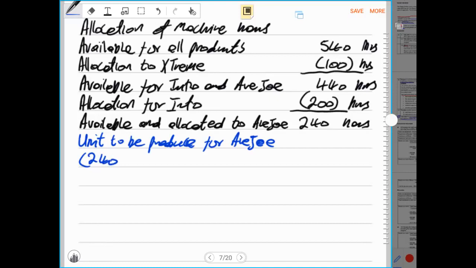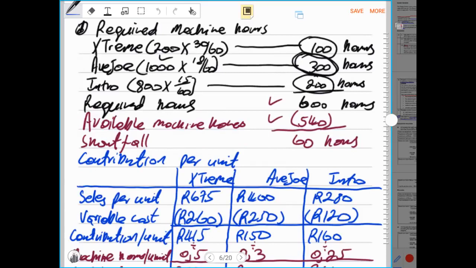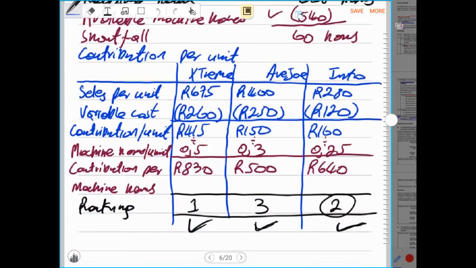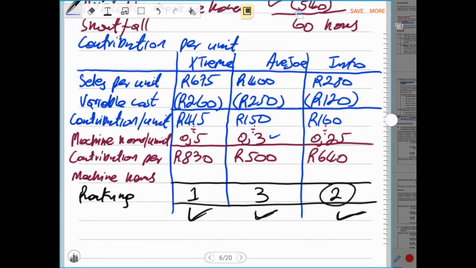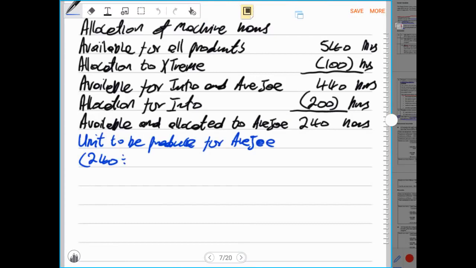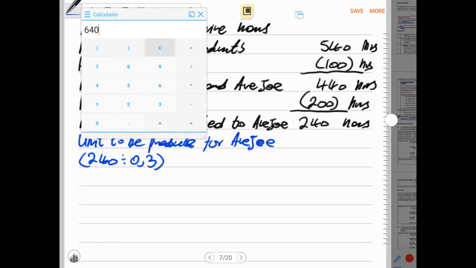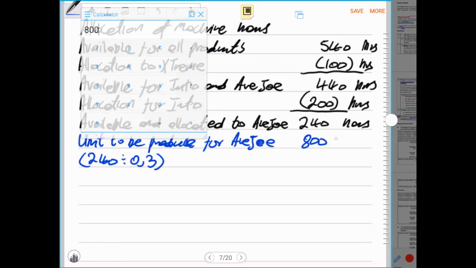It will be 240 hours divided by the number of hours it takes to complete 1 unit. And we said 18 divided by 60, it will be 0.3. That was 0.3 for Avjo. So now we want to know how many products. You divide by the limiting factor per unit to get the units that are to be manufactured. So we divide that by 0.3 hours per unit, then that will give us the number of units. So we say 240 divided by 0.3, it is 800 units.